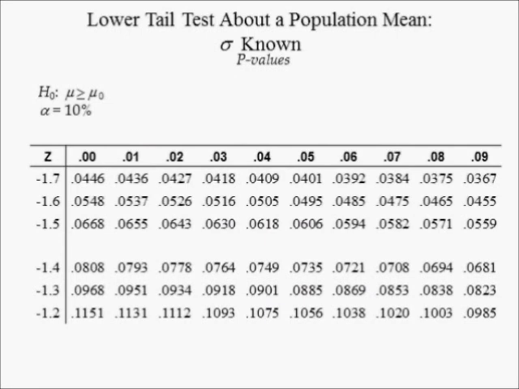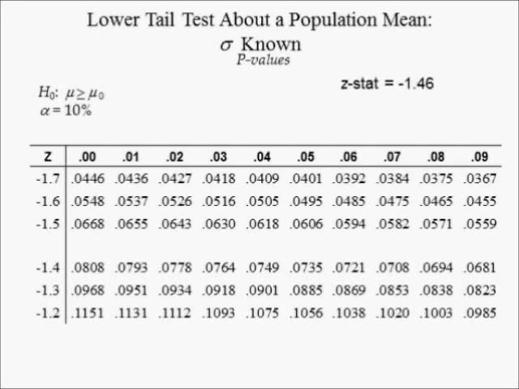The p-value approach to the lower tail test compares the significance, alpha, which is equal to 0.1 here, to the p-value, which is found using z-stat and the standard normal distribution table.